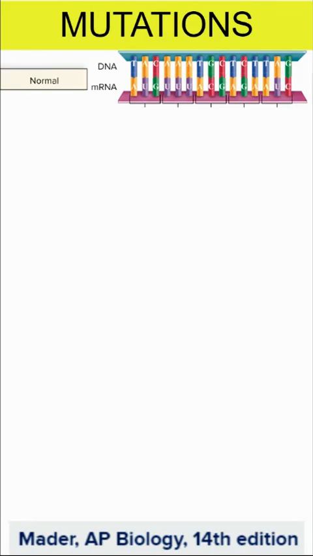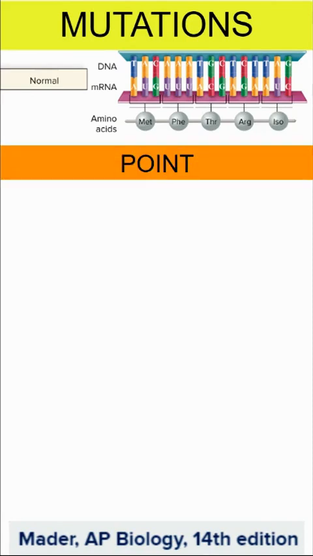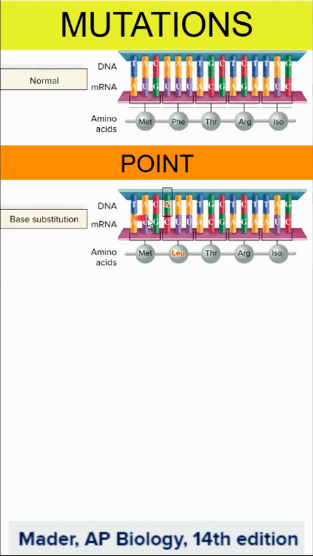And typically we understand that DNA leads to messenger RNA, which leads to amino acids, which create our proteins. However, we can have point mutations where we have a substitution. One letter of the DNA code is changed, which then has a subsequent change in the protein because the amino acid has been changed from phenylalanine to leucine.